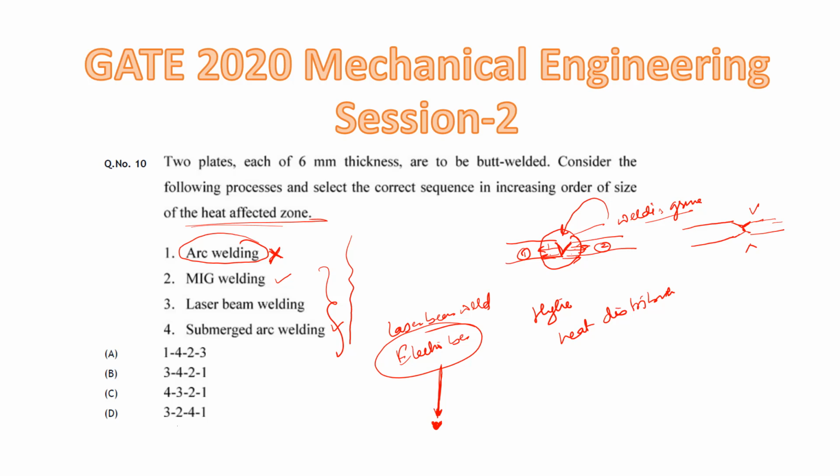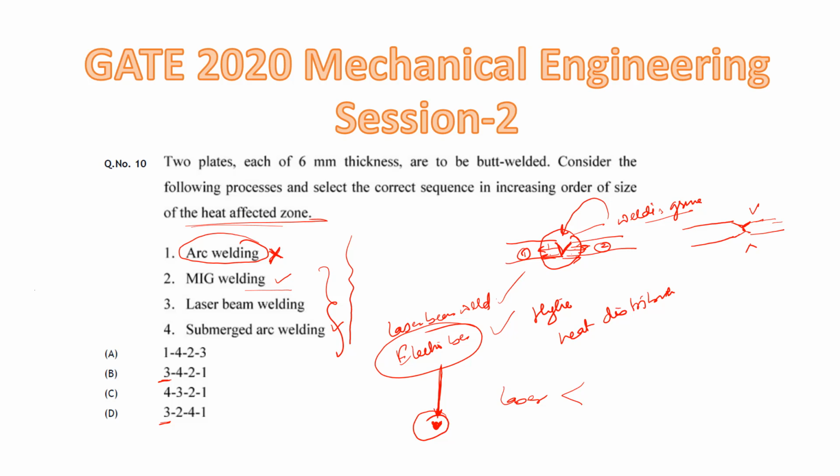That's why the power density is very high, means energy divided by area, right? So that's why the power density of this welding technique is high, but the energy distribution is low. That's why laser beam welding will have the lowest heat affected zone. So first will be the 3, right? So 3 we have, let me write laser, right?